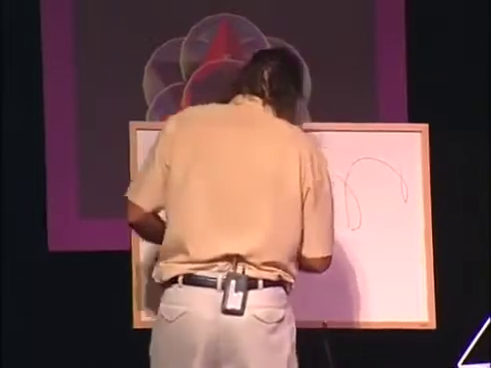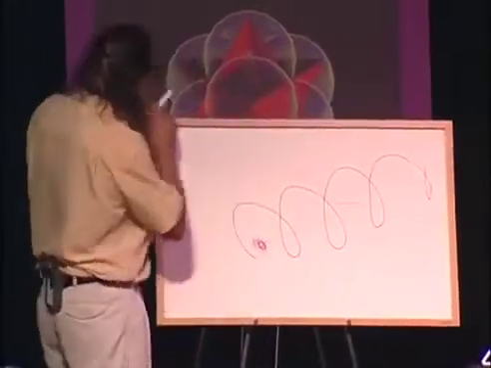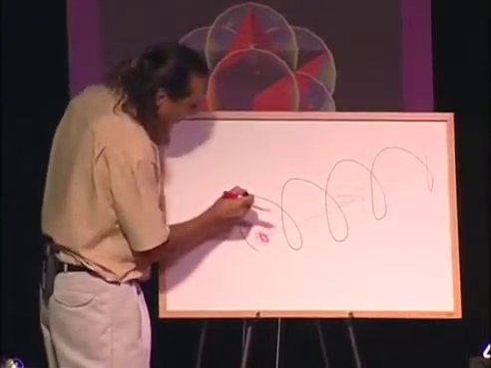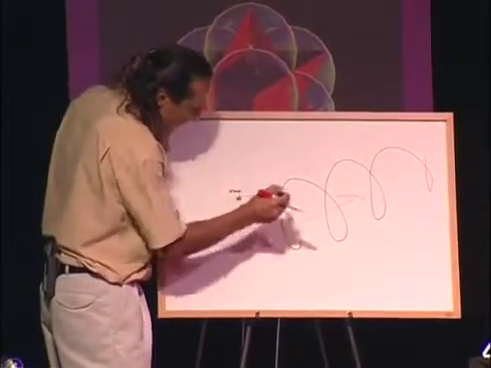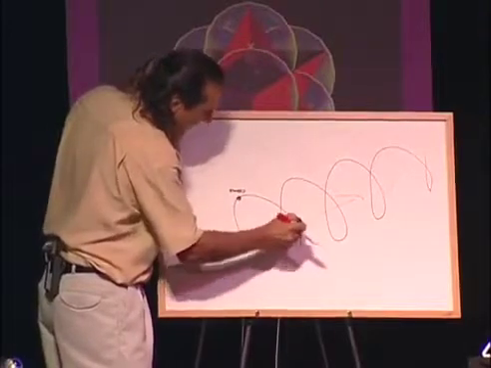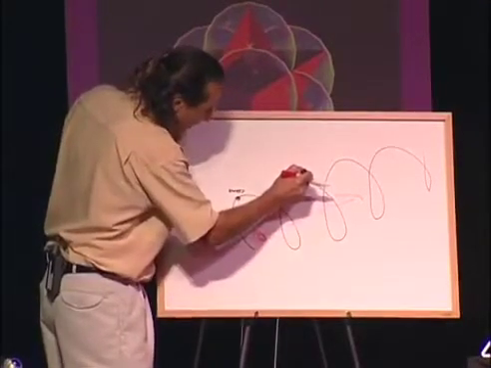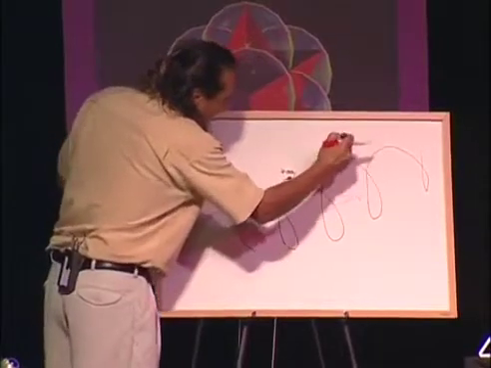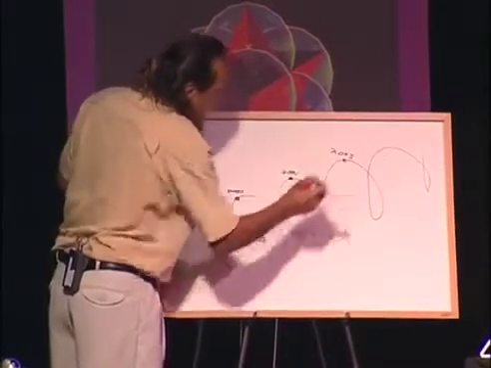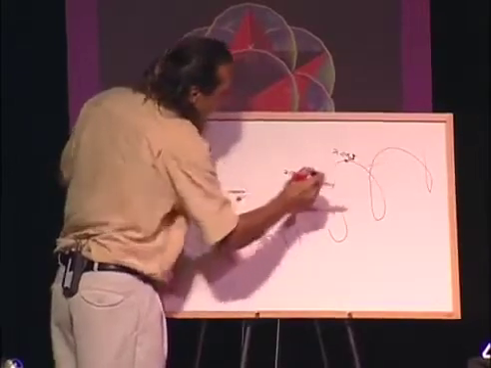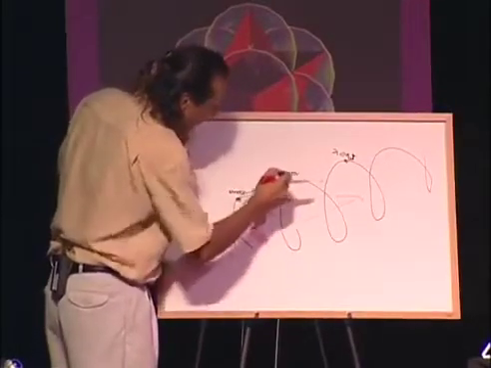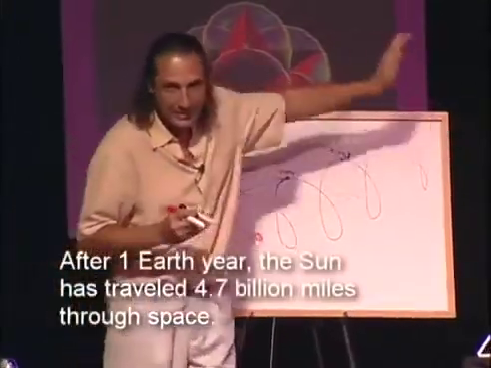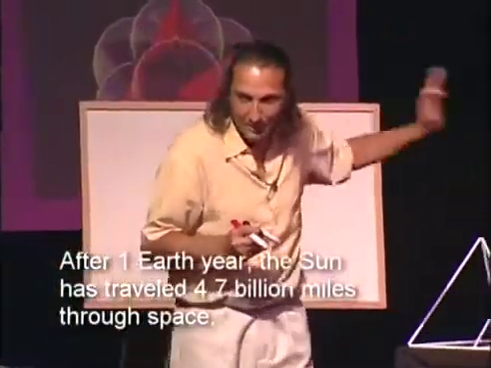And if you look at the Earth on this vortex, you could say that this is 2000, for instance, and this would be 2001, and then this would be 2002, and this is an extremely long distance apart. Millions and millions of miles apart.